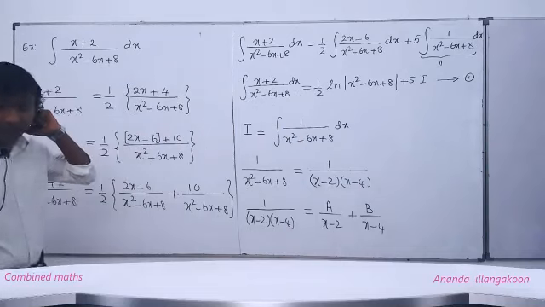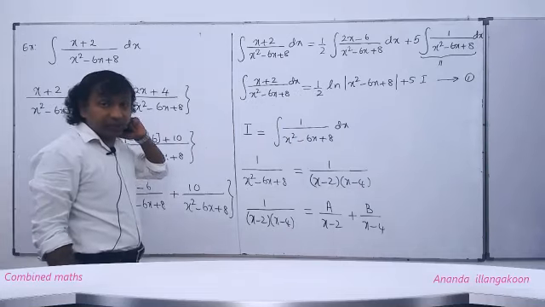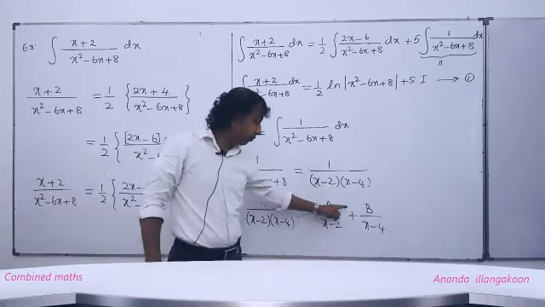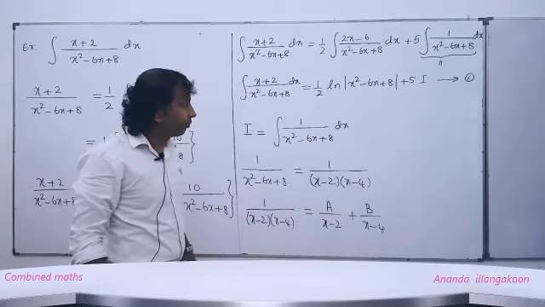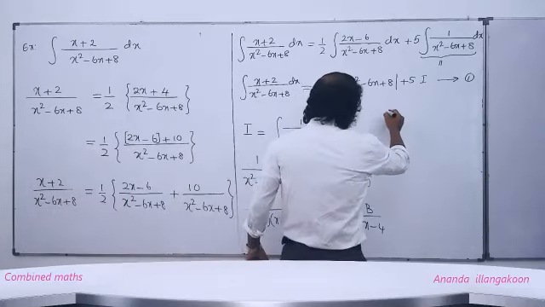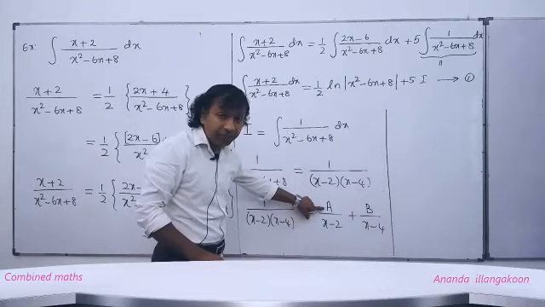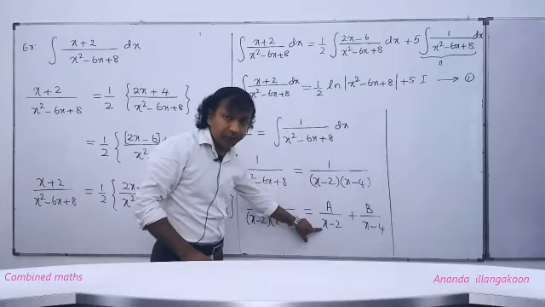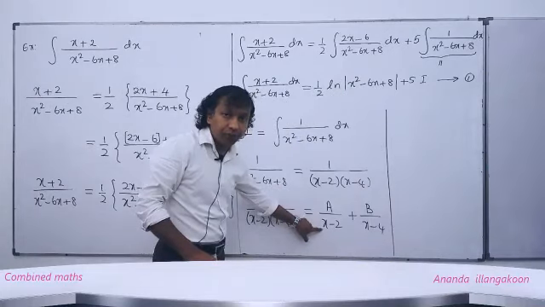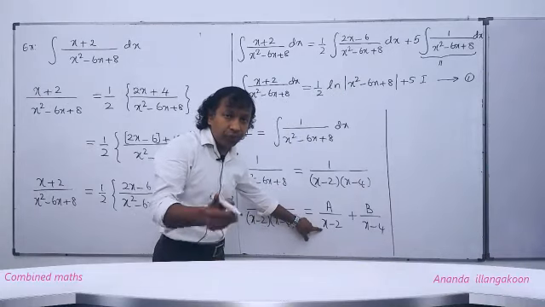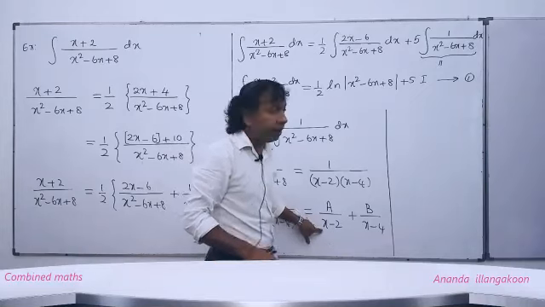But people can remember here the shortcut of getting this A and B. If you need to find this A, what is the method? Come to its denominator, x minus 2. That denominator we have to equate to 0 and find the x value.